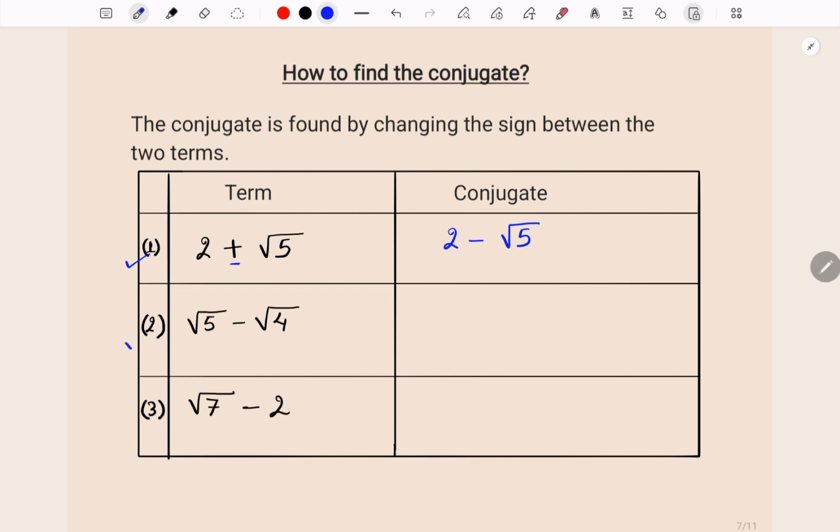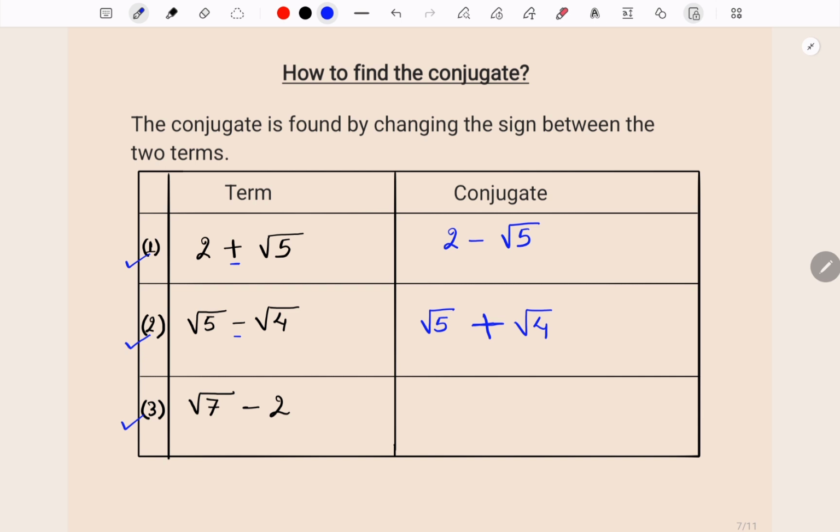Now let's talk about the second example. We have root 5 minus root 4. Again, we need to change this symbol. So we will have root 5, and instead of minus, I will write plus. So we will have root 5 plus root 4.